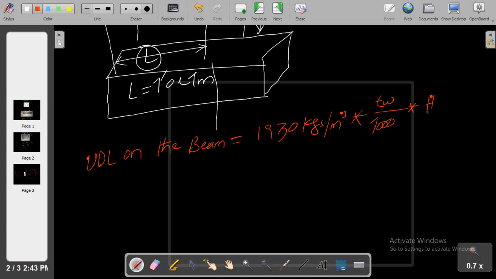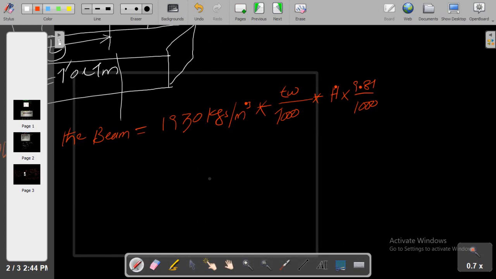If it is in millimeters, divide by 1000, and multiply by 9.81 divided by 1000 to convert it into kilonewton per meter. It is multiplied by 9.81 because we have kg here, and 1 kg is equal to 9.81 newton.